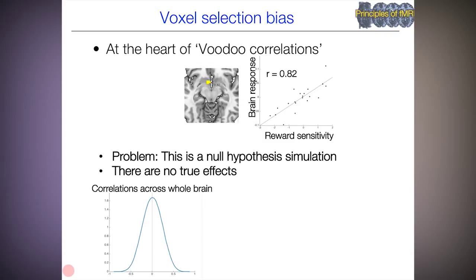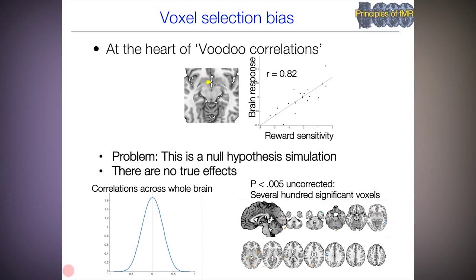Here are the correlations across the whole brain, all the effect sizes, and you can see that they're centered on 0. That's what happens if there's no true effect. And it's really symmetric, so it's really just a null hypothesis distribution. There are just many tests, and we can pick out the ones that look the best by chance. And this is what the map looks like at p less than 0.005 uncorrected, which is a pretty common threshold for reporting findings in published papers.